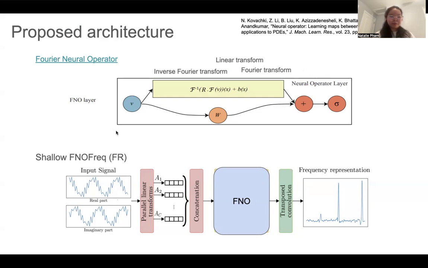We propose to use these Fourier neural operator blocks in an architecture called shallow FNO frequency representations. The input signal can have several waveforms with a real part and an imaginary part, which we extrapolate into multiple vectorizations and input into FNO layers, followed by transposed convolutional layers to learn the frequency representations.